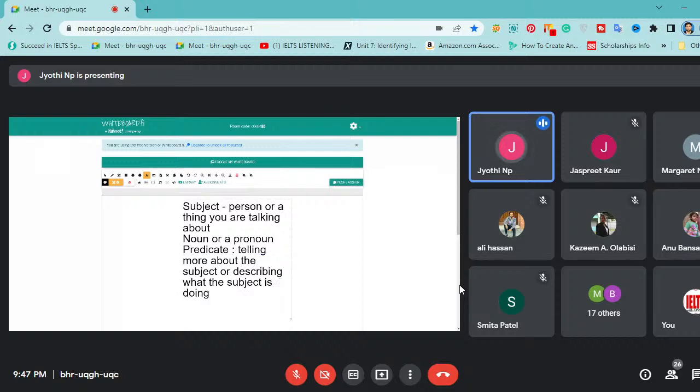So this is what we call a subject and a predicate. These are the different parts of a sentence.